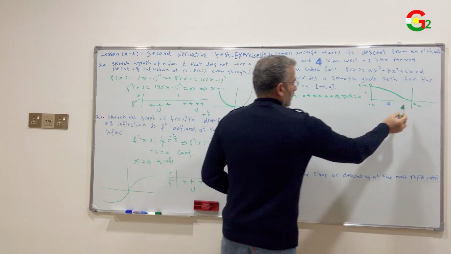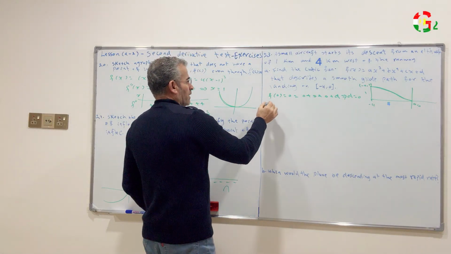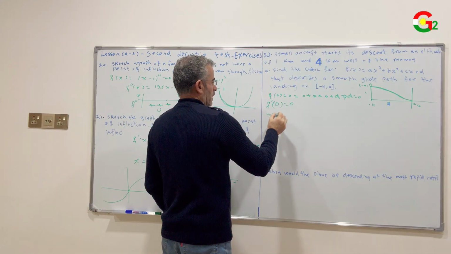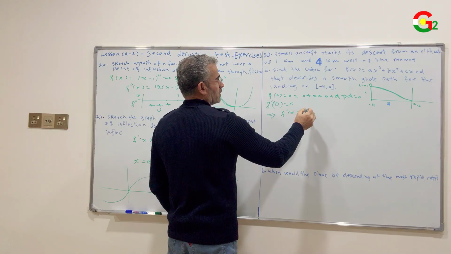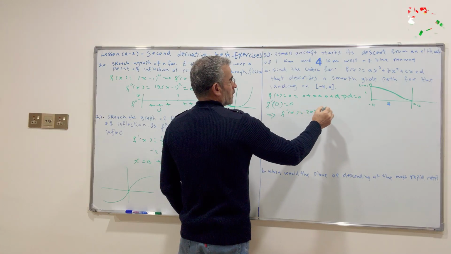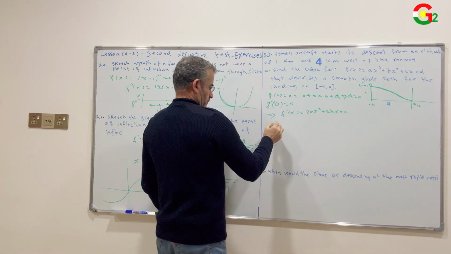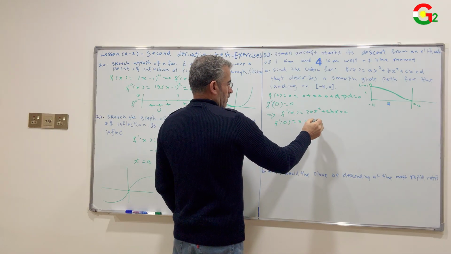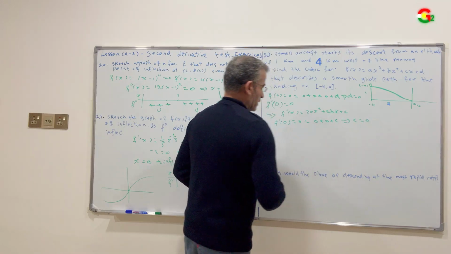Also, 0, 0 is a local minimum point, so f prime of 0 equals 0. f prime of x equals 3ax squared plus 2bx plus c. f prime of 0 equals 0 equals 0 plus 0 plus c, so c equals 0 also.